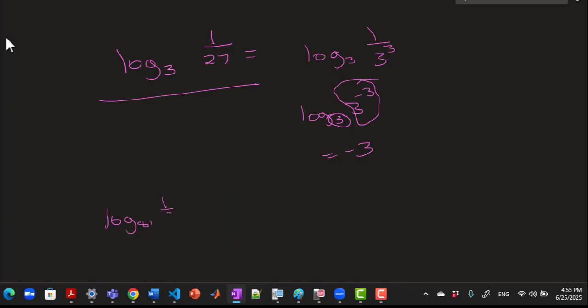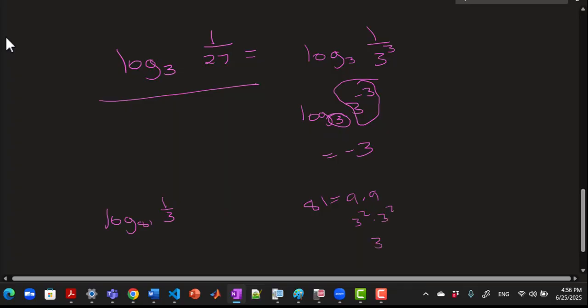What if I had the log base 81 of 1/3? So what power would I raise 81 to get 1/3? Well, I know that 81 is 9 times 9, which is 3 squared times 3 squared, which is 3 to the 4th. So I know 81 is 3 to the 4th.